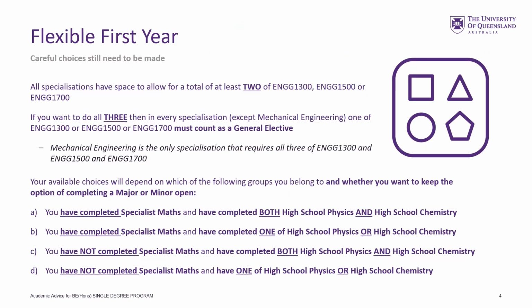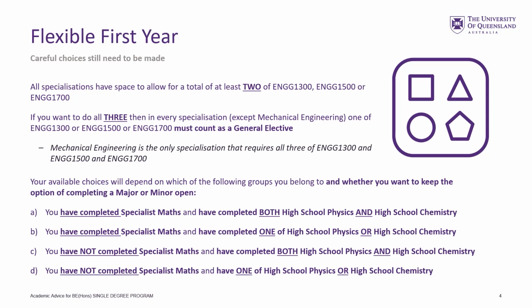So flexible first year doesn't mean you can do anything you like. There are still some careful choices that need to be made. All specialisations have space to allow for a total of 2 of Eng 1300, Eng 1500 or Eng 1700.